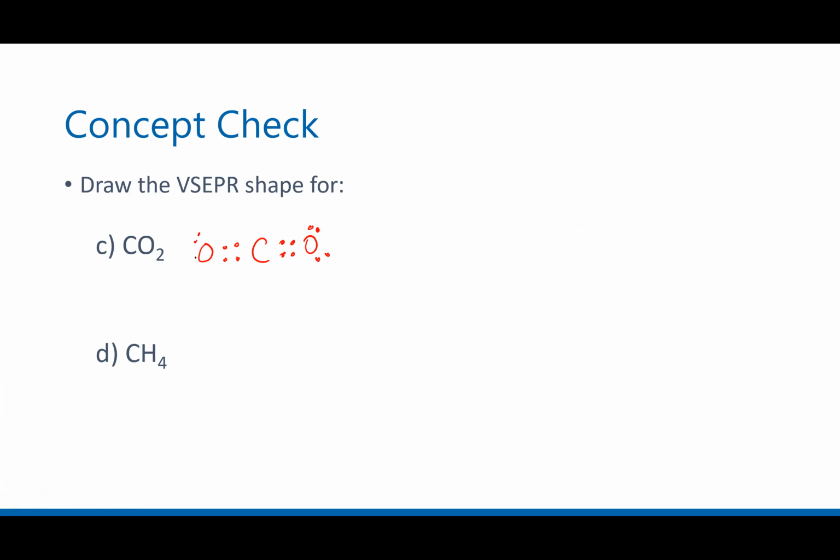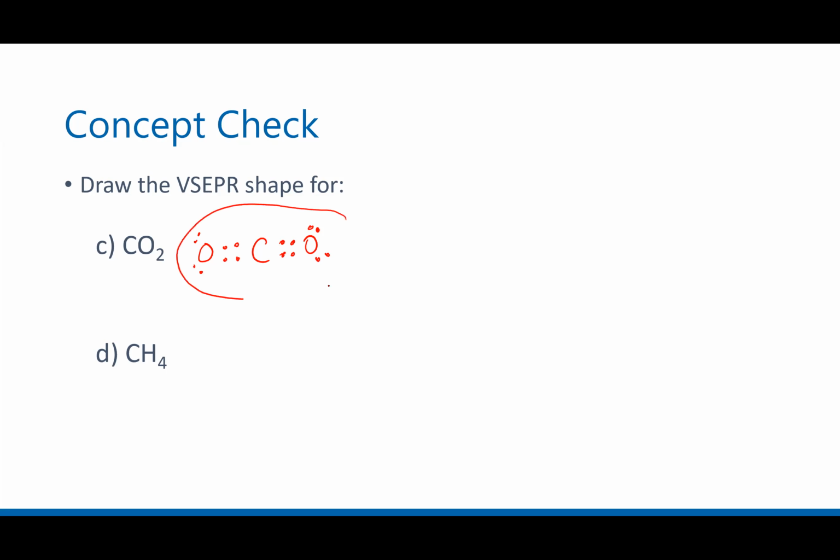Carbon dioxide, and this is kind of what Iman was talking about, has two double bonds. In the past, I would get students who would look at this molecule and say, oh, okay, there are two double bonds, so that means there are four bonds, no lone pairs. This is tetrahedral.